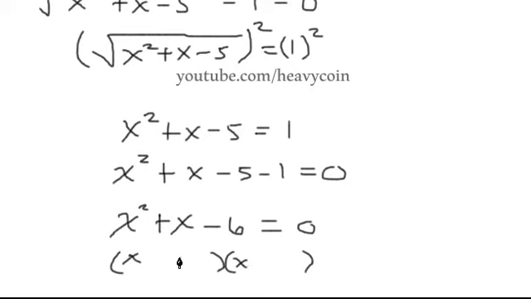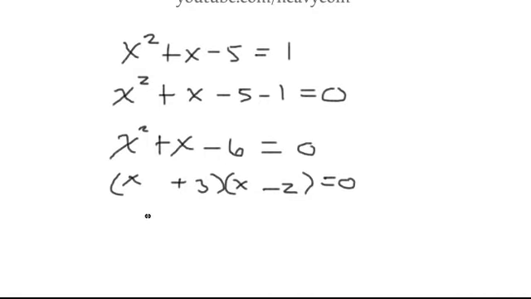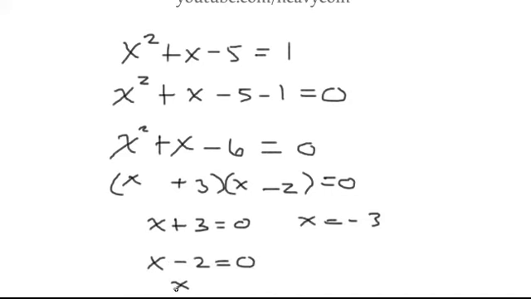So this should factor to x plus 3 and x minus 2. So our solutions, we set each one of these equal to 0. So x is negative 3, and x minus 2, x is equal to 2.